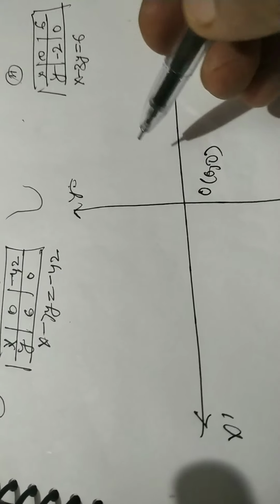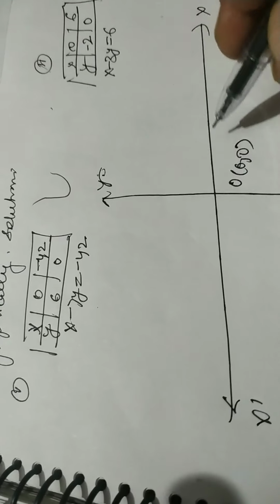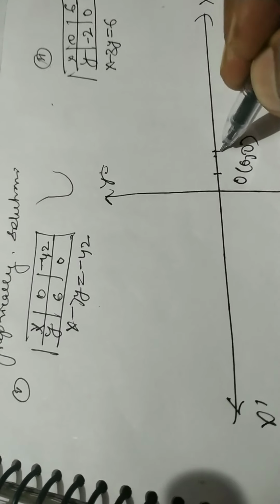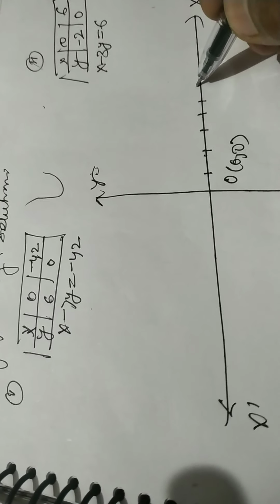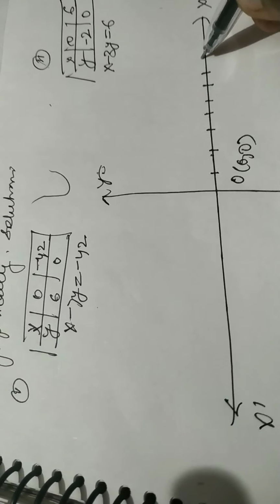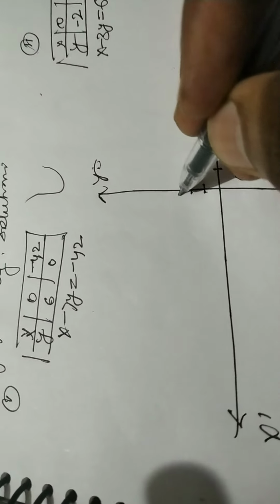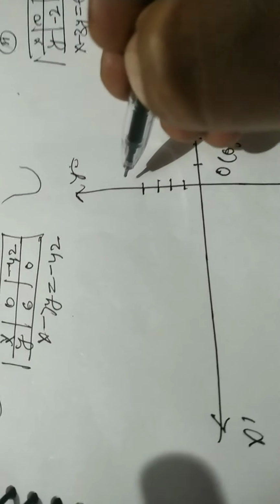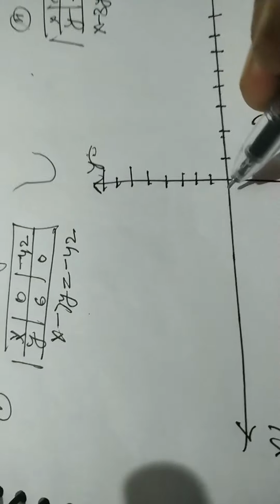We are talking about the value, not the negative one, positive. Let's just take a gap of 5: 5, 10, 15, 20, 25, 30, 35, 40.